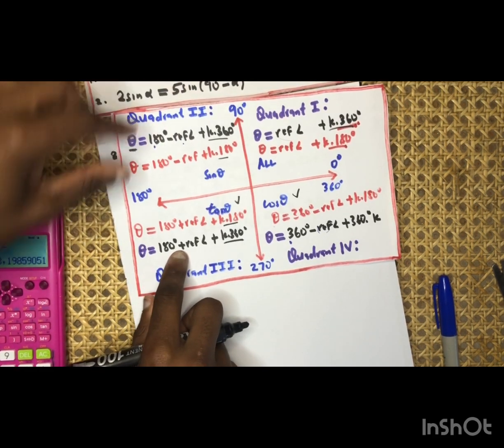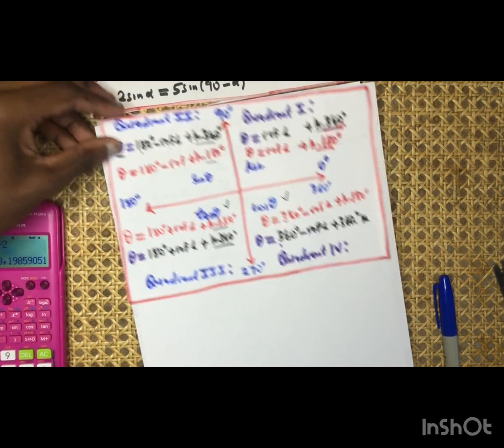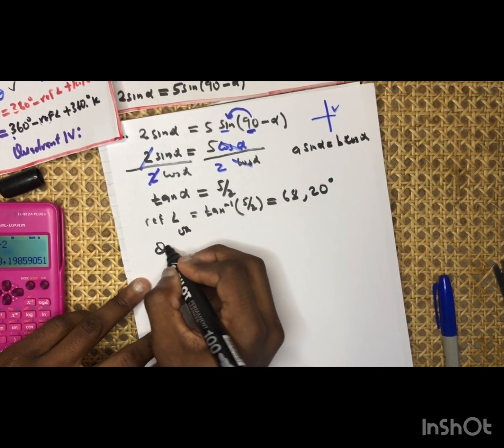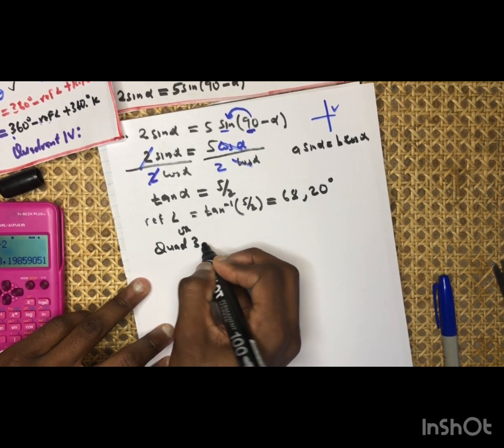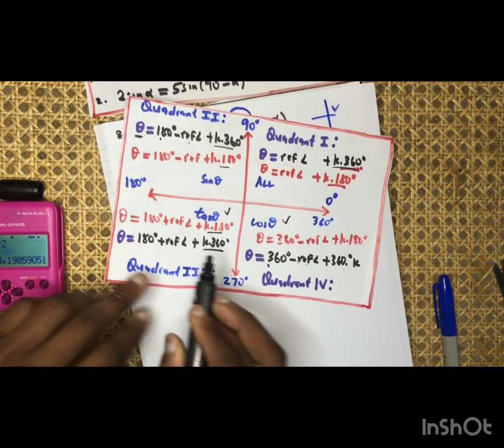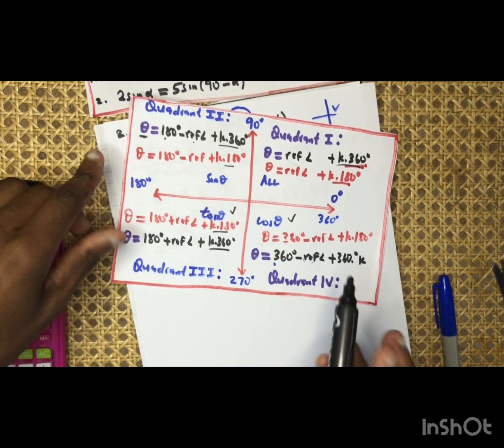Okay, so we go where tan is positive. Tan is positive here, guys, and we're working with tan, so your period is going to be 180 degrees. So I'm saying or quadrant 3.